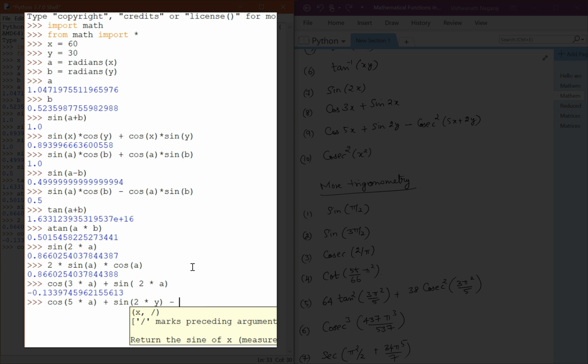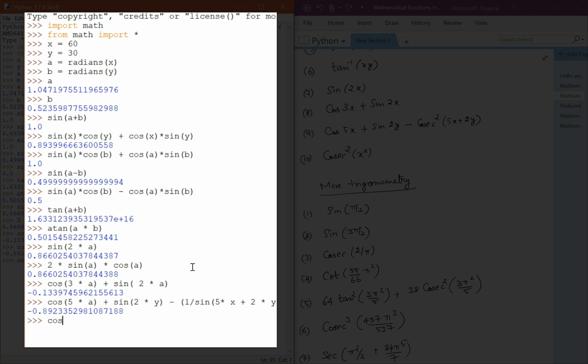We don't have a cosec function, so within brackets 1 by sine of 5 times x plus 2 times y, and square, and enter. Cosec square x square: again 1 by sine of x square, so x square within brackets and then a square outside.